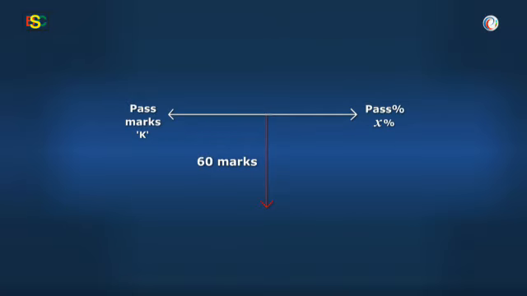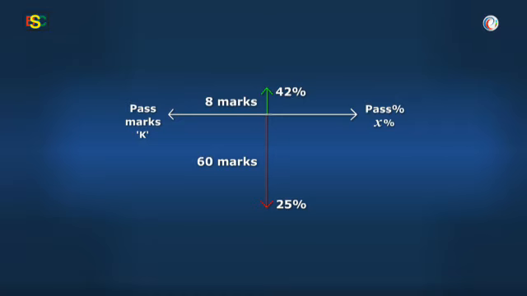Then assume pass percentage as X% of maximum and let the passing marks be K. Now we can understand directly that 60 marks below passing marks K means 25% of maximum marks, as well as 8 marks above passing marks K means 42% of maximum marks.